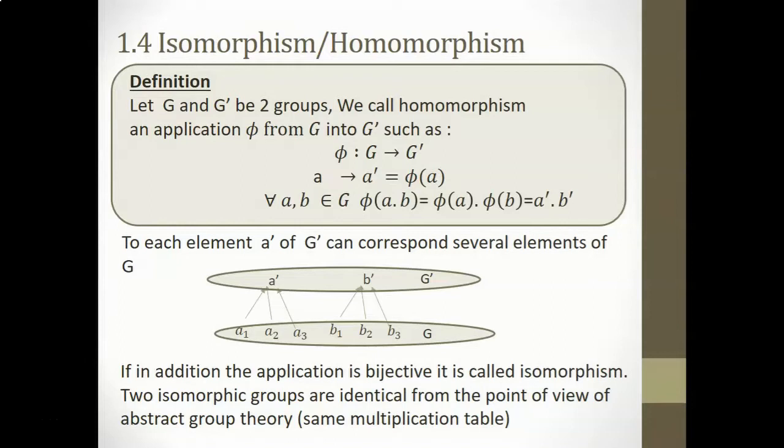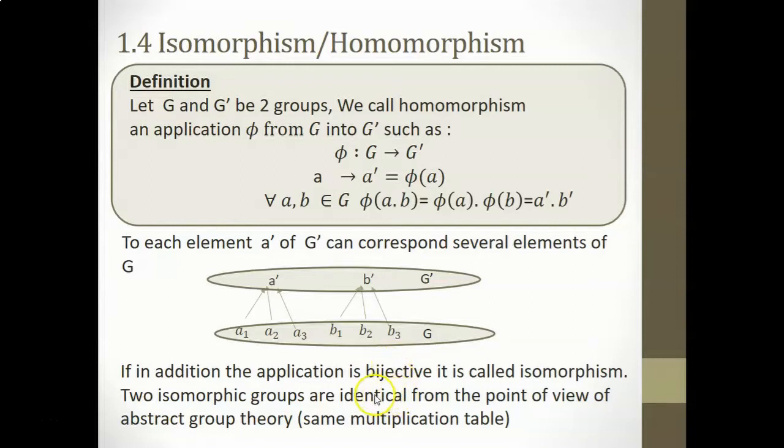And homomorphism respects the table of multiplication. Okay. But to each element A prime of G prime can correspond several elements of G. For example, a given element A prime can correspond to elements A1, A2, and A3 in G. So in general, the homomorphism is not a bijective application.